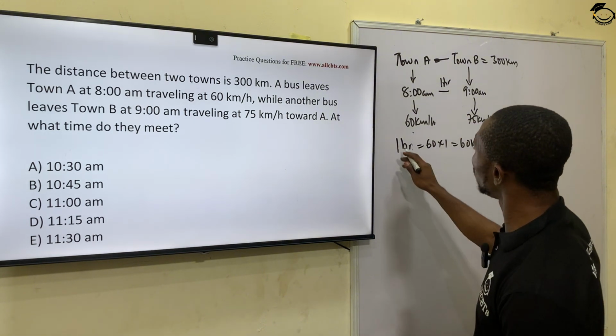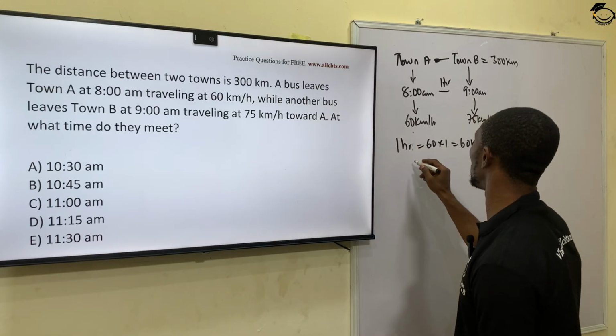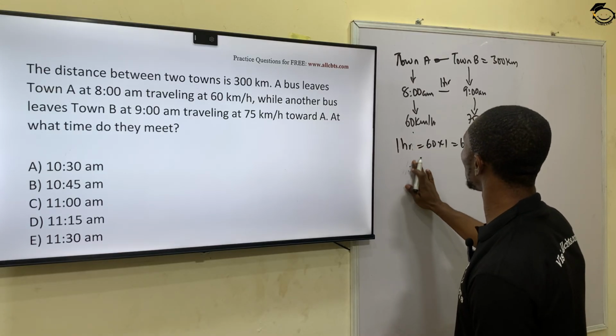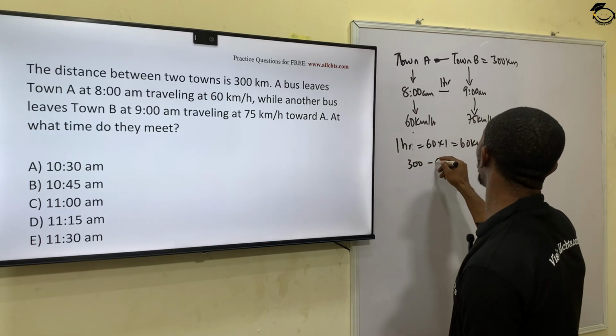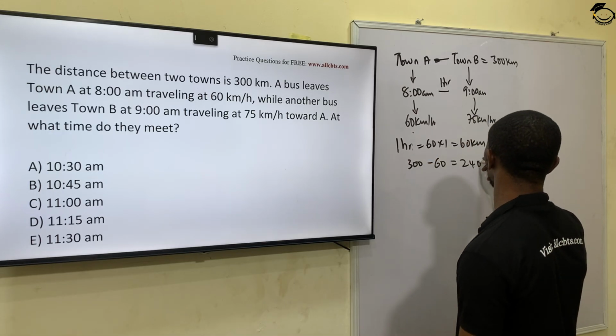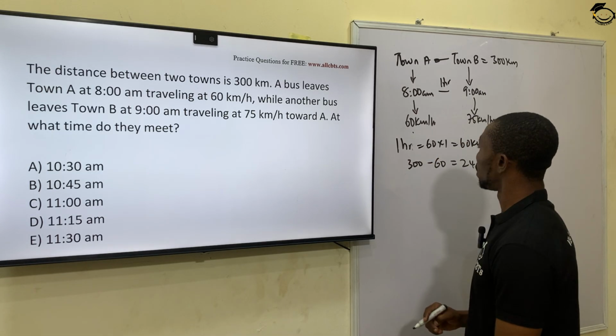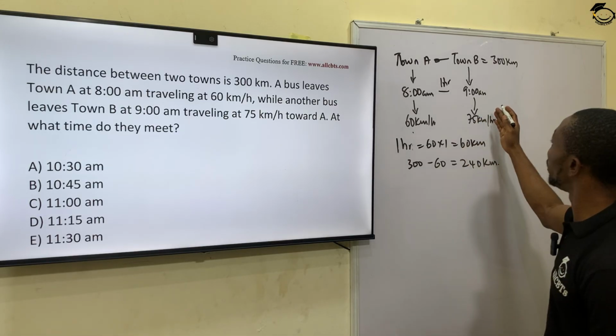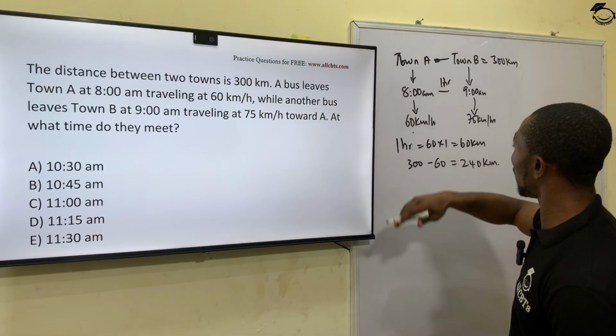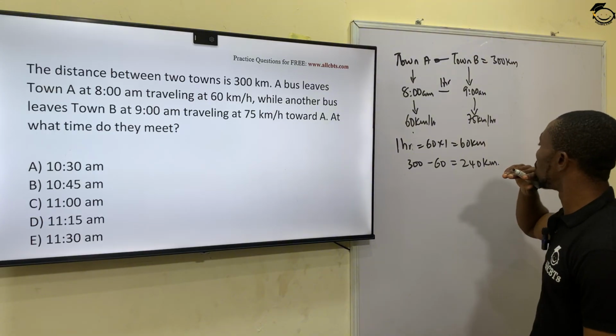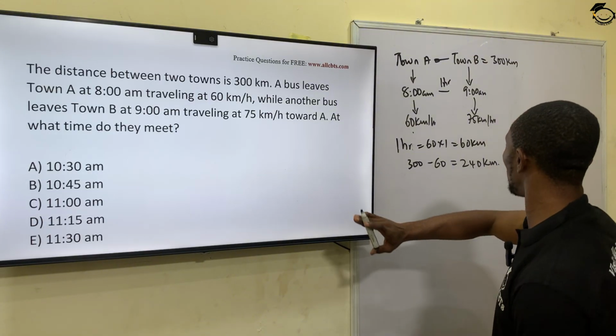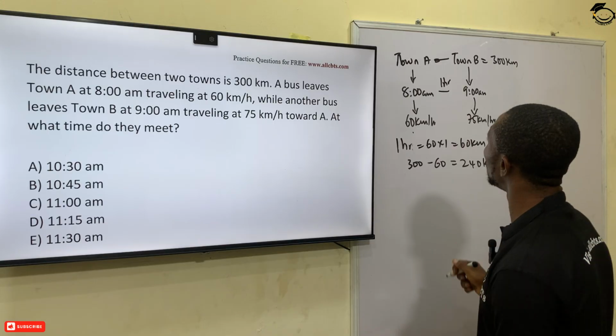So that means the new distance between the two buses will be 300 minus 60, which is 240 kilometers. That means by the time bus B will be leaving town B, bus A, the first bus, must have gone 60 kilometers.